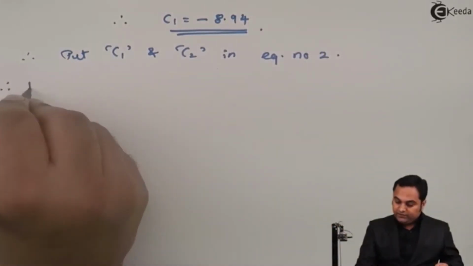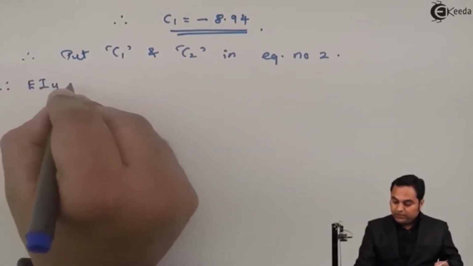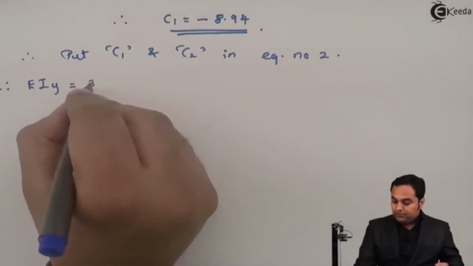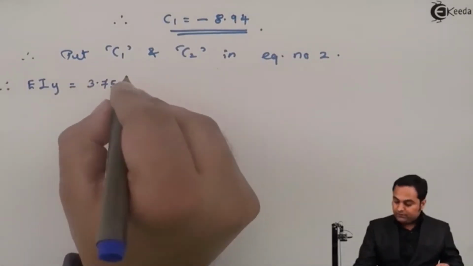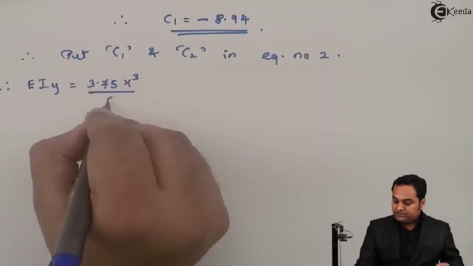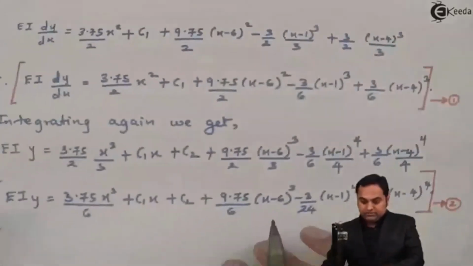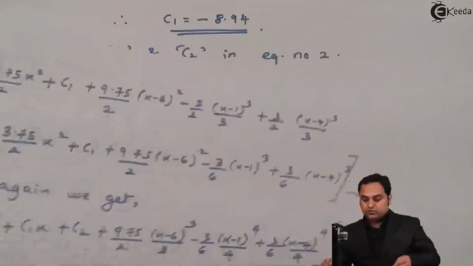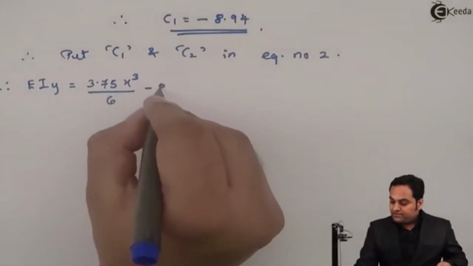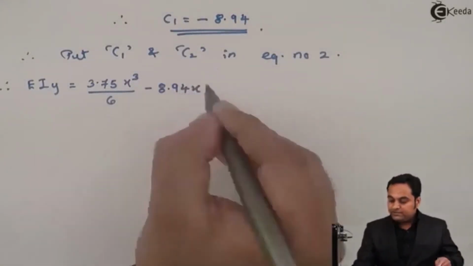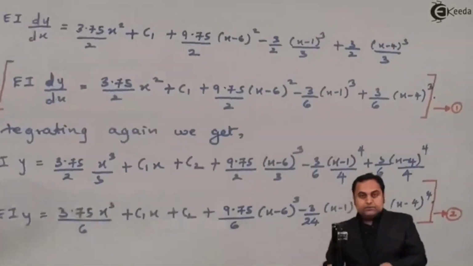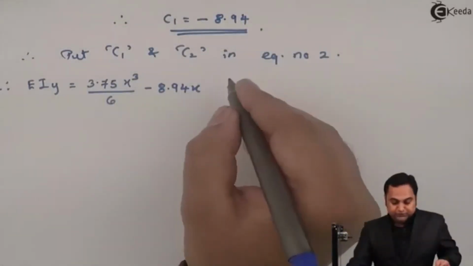So we have EI into y is equal to 3.75 x cube by 6. Now it is plus C1 into x, so C1 is minus 8.94 into x, plus C2 is 0, so no need to write that term.